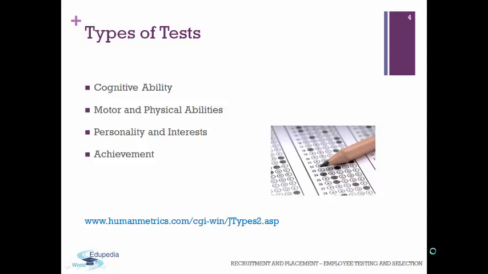Then the third point is measuring the personality and interests. Now, a person's cognitive and physical abilities alone do not explain his or her job performance. There are other factors like motivation and interpersonal skills, and they're equally important as well.